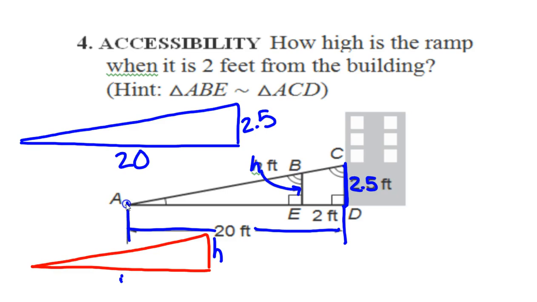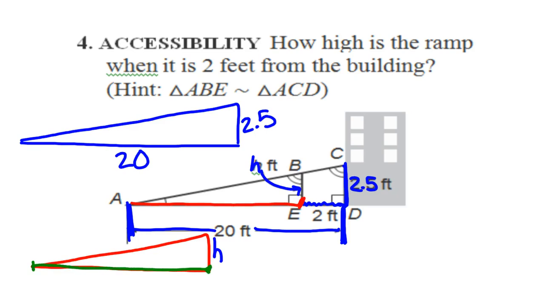So let's look at our picture for a minute and see if we can pull some more information from it. Notice that the whole entire thing from here to here is 20, but I have this little section right here that they're telling me is 2 feet. But I need this part from there to there so that I can fill it in on this triangle right here.